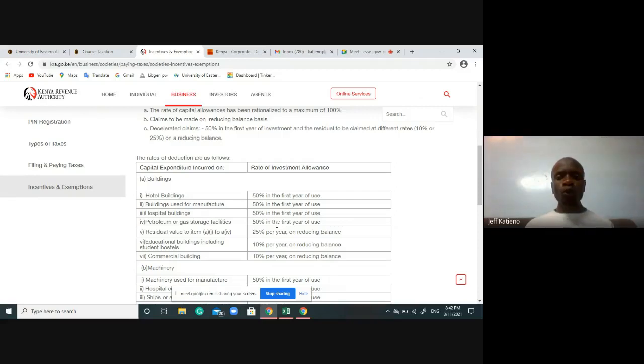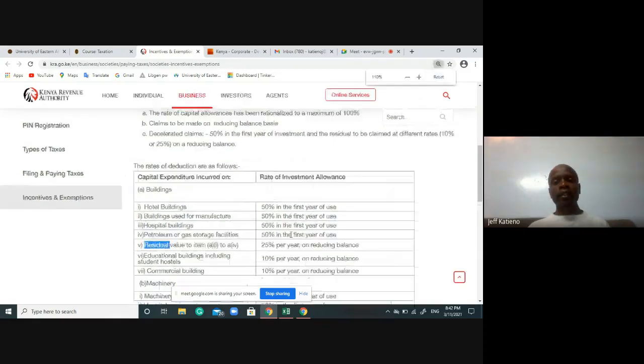Now you might be wondering what happens to the rest, because this one says 50% in the first year of use. So what about the second year of use? What about the third year of use? What about the fourth year of use? So that is why we come here and it says residual value to be charged 25% per year on reducing balance.